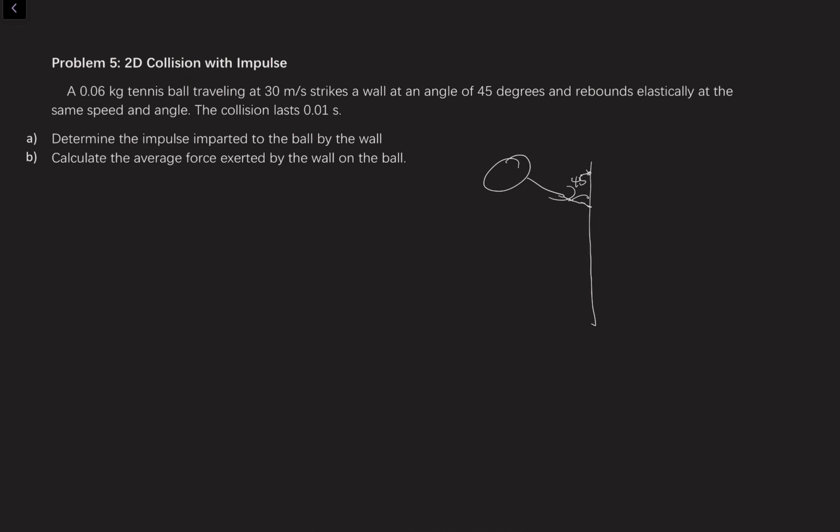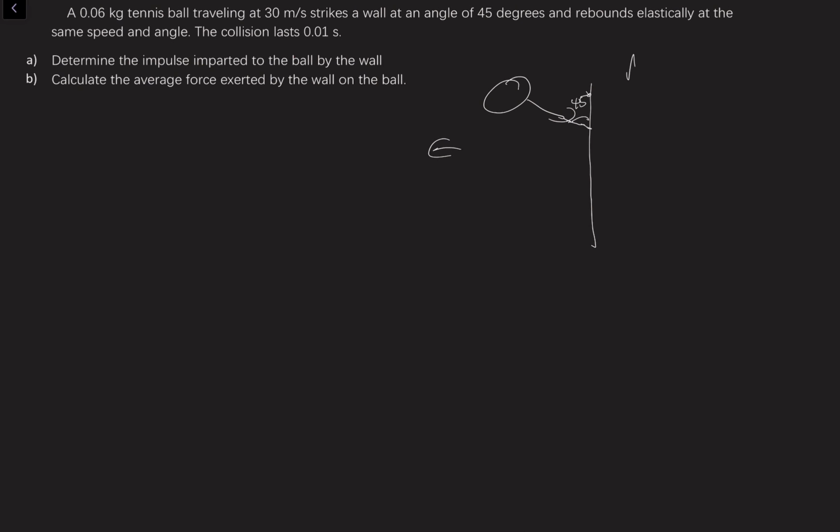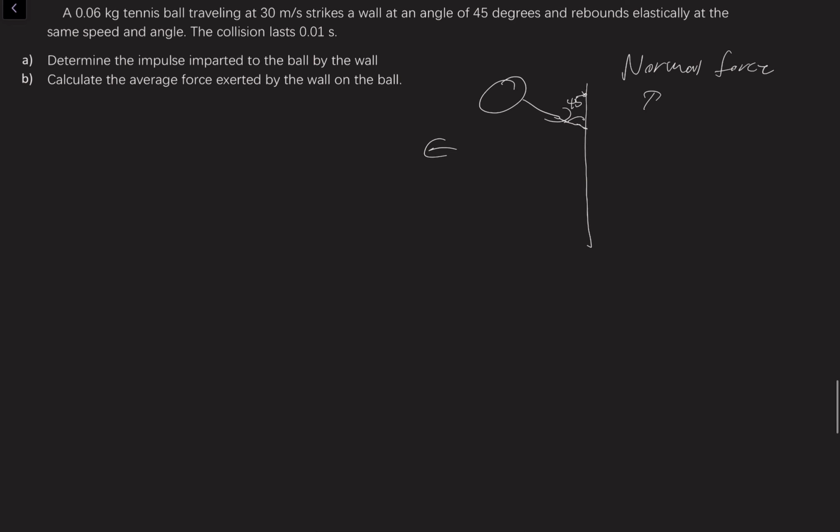Well, when the ball hits the wall, it only provides force to the left. Why? Because the normal force is the force that changes the motion by the wall, of course. What does normal mean? It's perpendicular.